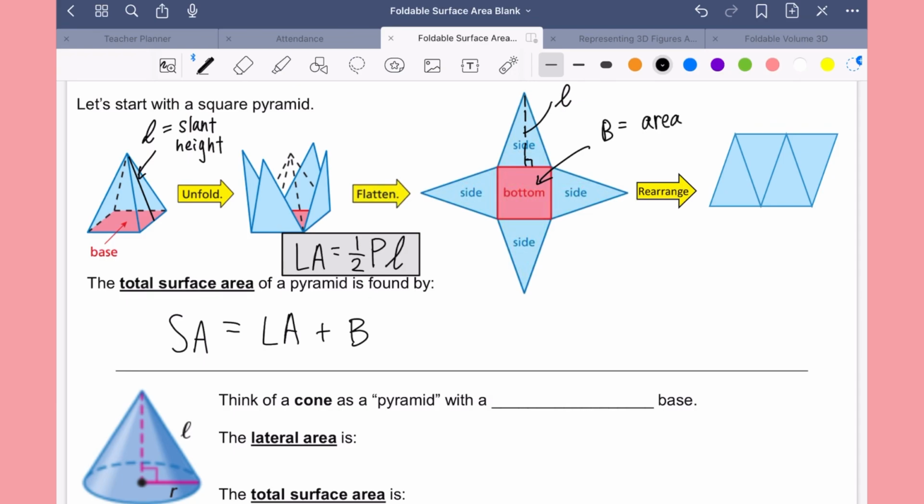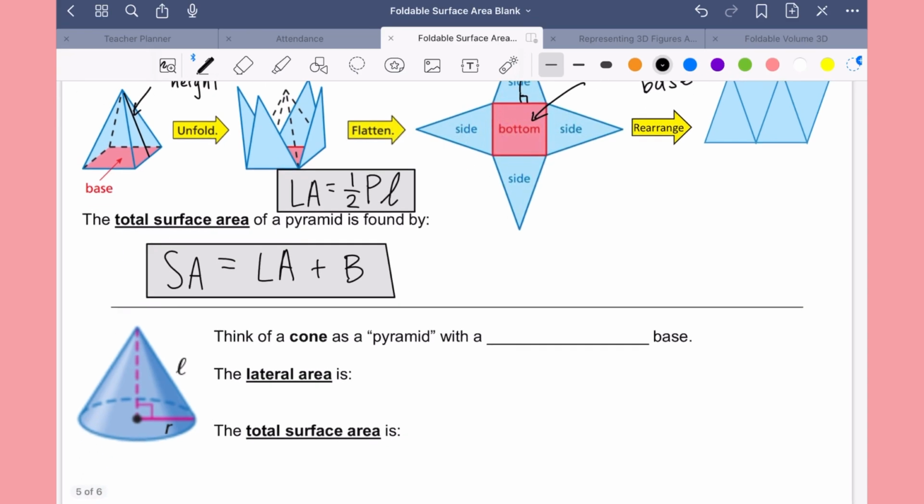So you could have a rectangle, a triangle, a pentagon, a trapezoid, an octagon, a hexagon, whatever your base is, whatever 2D shape it is, that's the area you would have to find in order to plug into the total area formula.